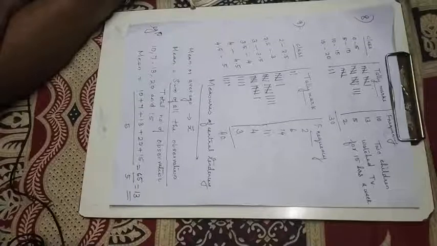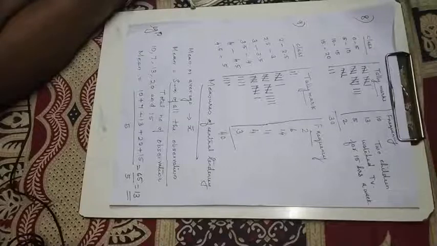So we have prepared a table for that: marks of 10 is equal to 1, 20 also 1, 36 equal to 3, 40 equal to 4, like that.